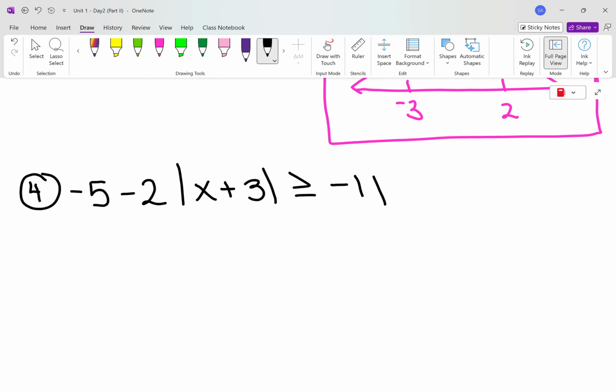So right now you see absolute value, you see greater than, you're thinking, okay, this is going to be an or problem. But we can't decide that. We can't decide that until we do what?